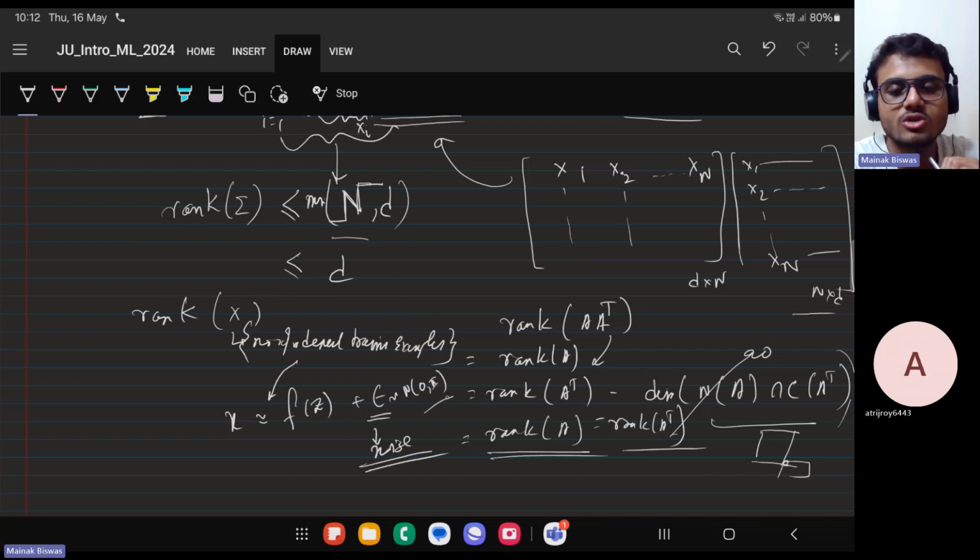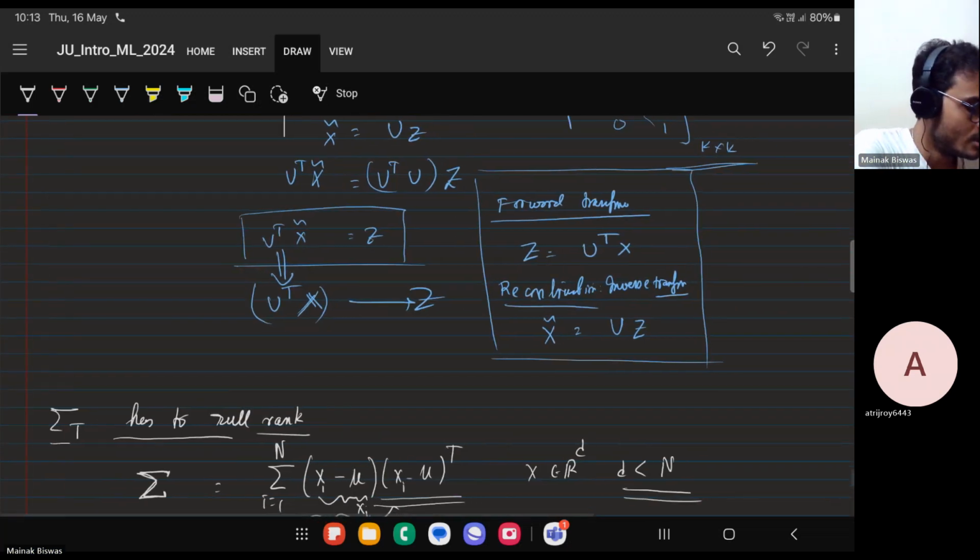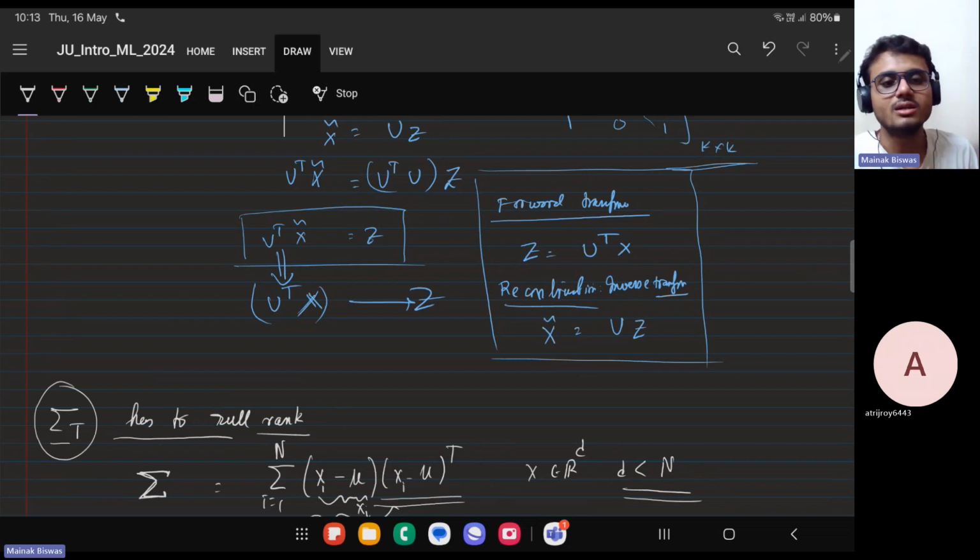So if you have more training examples than the number of features, approximately 5 or 10 times more, then you are guaranteed to have sigma t be a full rank matrix. Is it clear?